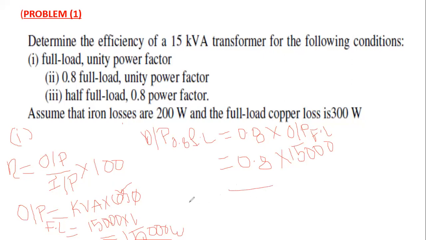Next, we calculate the copper losses at 0.8 full load. Copper losses is equal to 0.8 square.